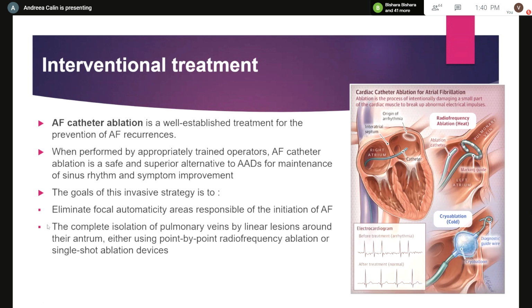This includes the complete isolation of the pulmonary veins by linear lesions around the antrum, either using point-by-point radiofrequency ablation or single-shot ablation devices. So there are a lot of techniques that tend to be safe and superior to antiarrhythmic drugs, and that can restore and maintain sinus rhythm in some patients.